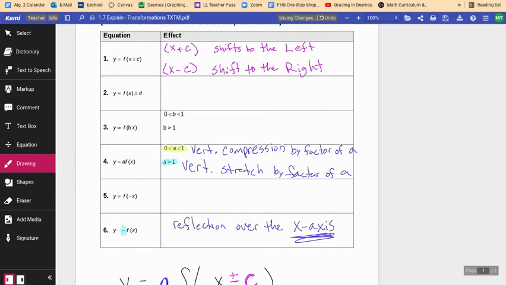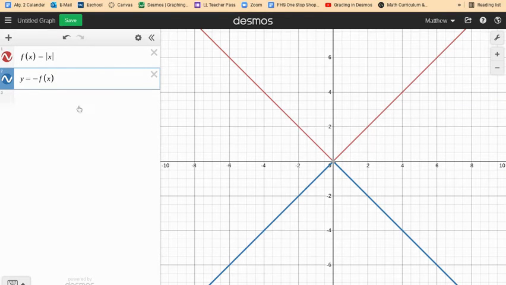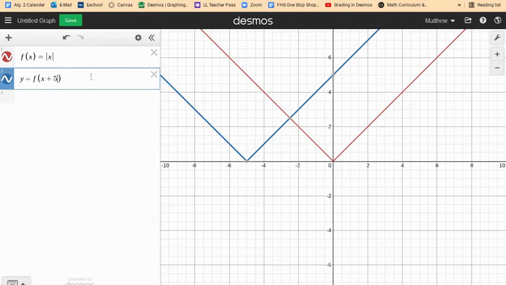Okay, by C units, right? So let's go and check this out again. So here's my absolute value. If I again add a number, let's take that off. If I add, let's say 5, now you see that from the red to the blue, it just shifted over 5 units.